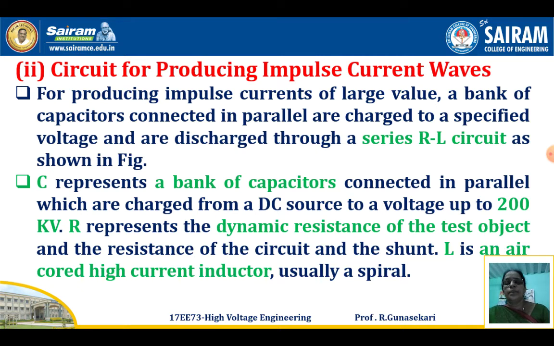The capacitor C represents the bank of capacitors connected in parallel, which are charged from a DC source to a voltage up to 200 kilovolts. The resistance R represents the dynamic resistance of the test object, and the inductance L is the air-cored high current inductor using a spiral.